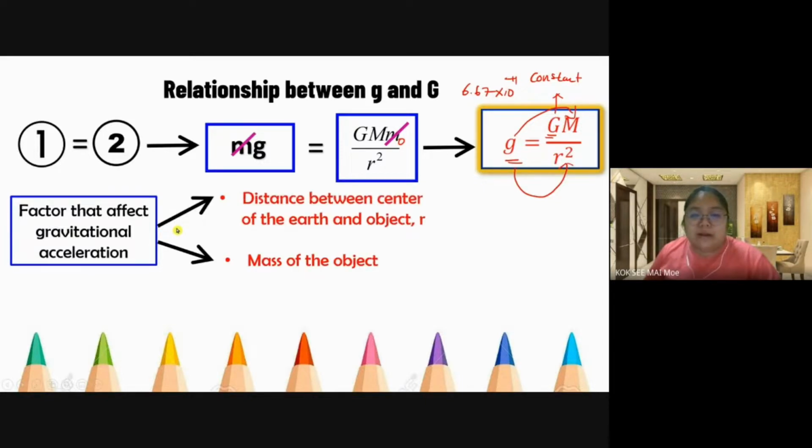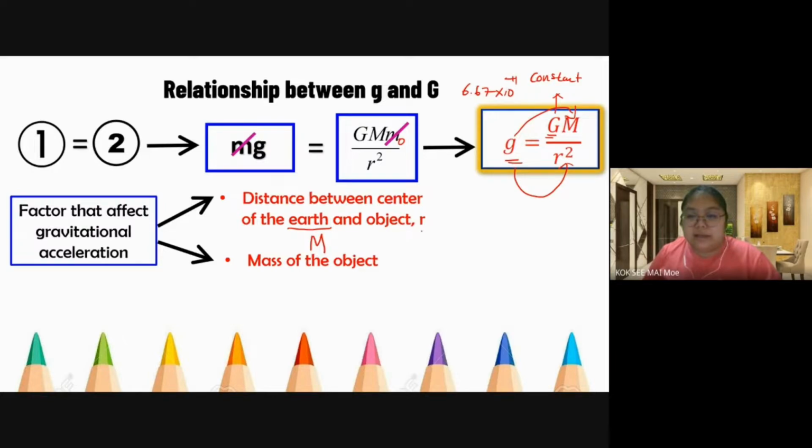The first factor is the distance between the centers. You see, the center of the earth, they already fixed one to be the earth, and the other one is the object. That's why I told you capital M we never cancel. Capital M stands for the earth's mass. The small m we can cancel because it is for the object.